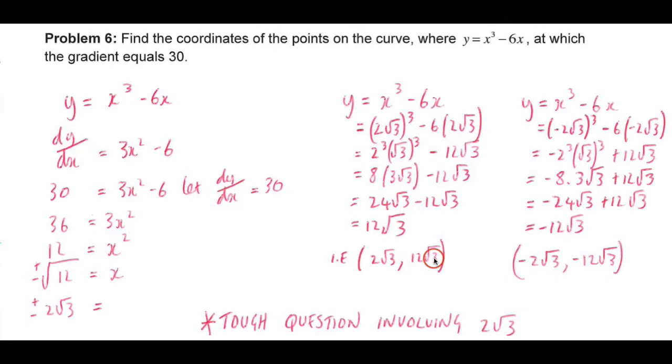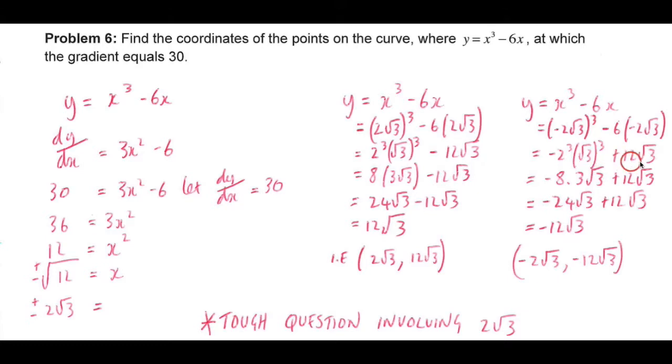That's one point. But we've also got to consider when x is equal to negative 2 times the square root of 3. So I substitute x equaling negative 2 times the square root of 3 into the original function. Again, I need to cube both the negative 2 and the square root of 3.